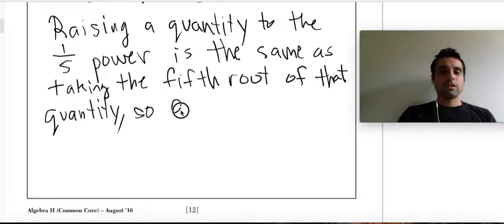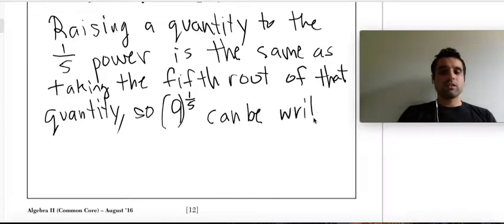So 9 to the 1/5 power can be written as the 5th root of 9.